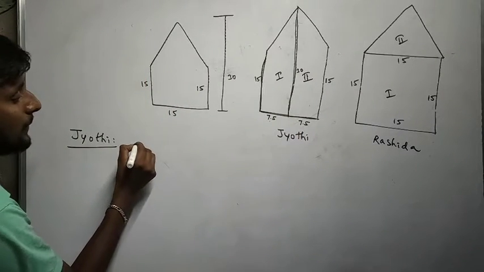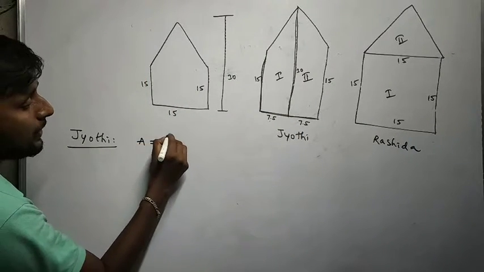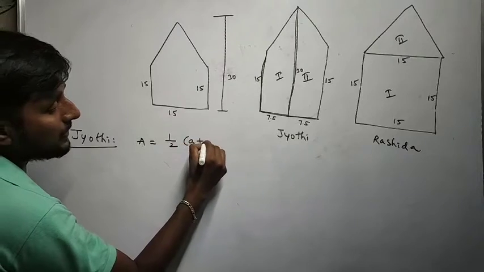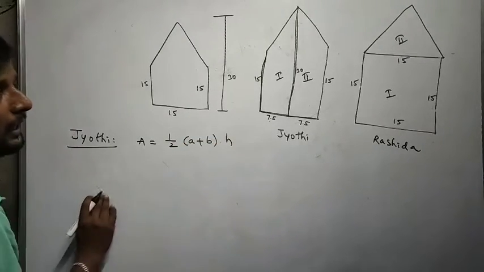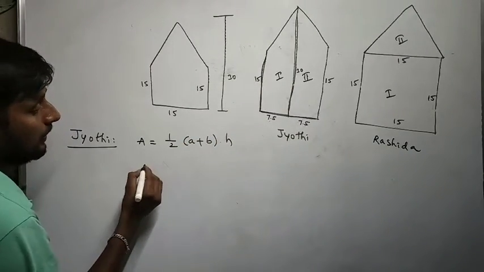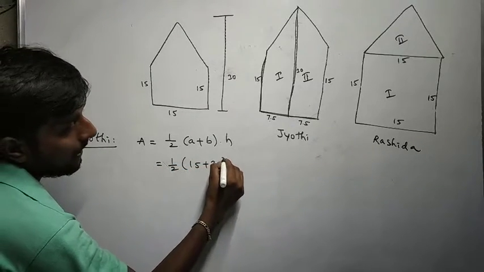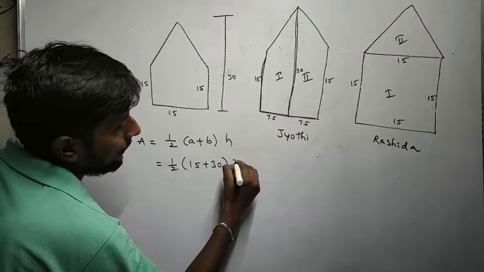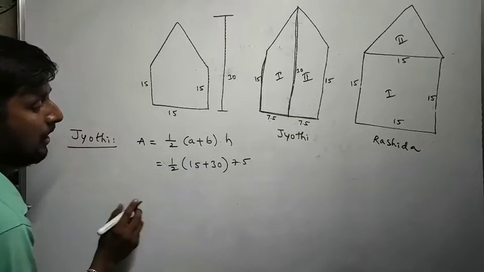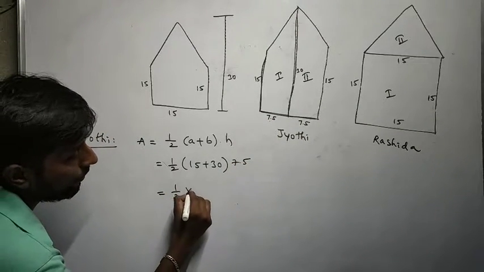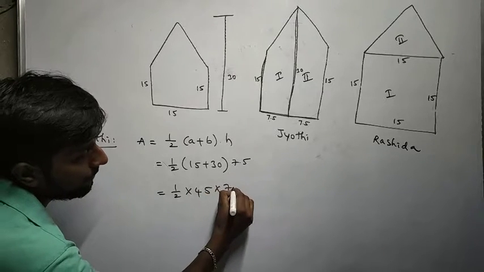So area of a trapezium is half into a plus b into height. A value upper one, b value down. So half into 15 plus 30, height 7.5. Next, half into 45 into 7.5.